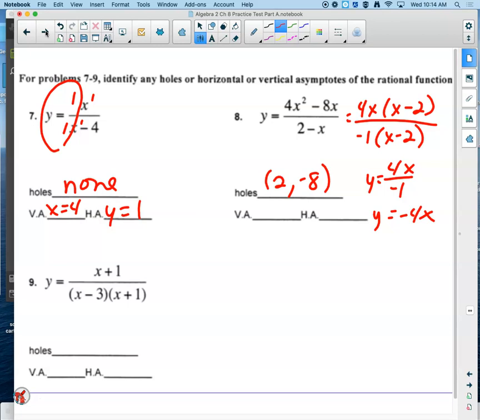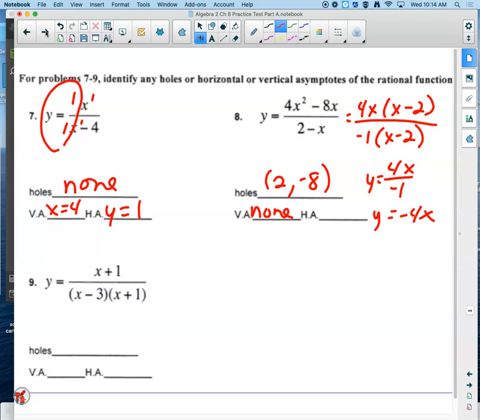All right. Vertical asymptotes. At 2? But that's where the hole was. If that was the only thing in the denominator and it's a hole, we don't get any. There was nothing else in the denominator there.